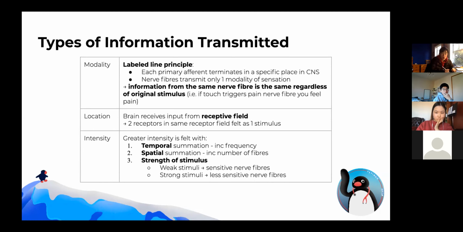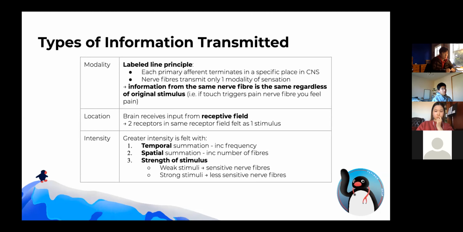And for location wise, the brain receives input from a receptor field. So if you have many receptors in the same receptor field, it's all considered as one stimulus. Okay, and in terms of intensity, you've probably heard about these before in last semester, like temporal summation, where you're talking about frequency.